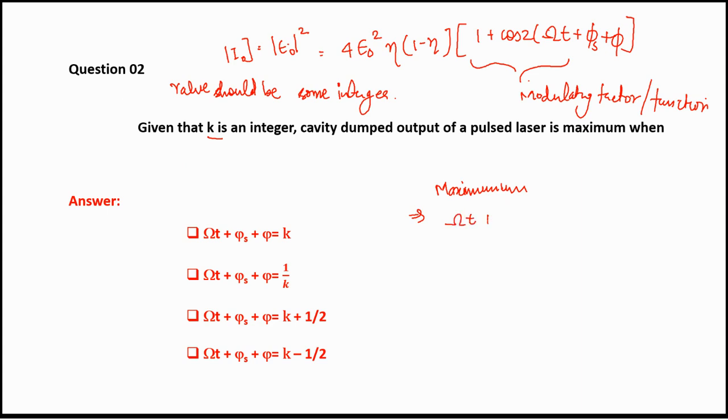So therefore we can say for the maximum value, omega t plus phi s plus phi is equal to some value k. If you talk about minima, it should be omega t plus phi s plus phi equal to k plus half.